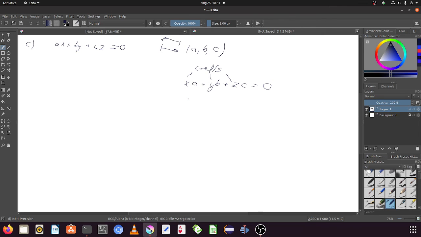They may have a bunch of solutions. And they are all mapped to the lines AIX plus BIY plus CIZ.